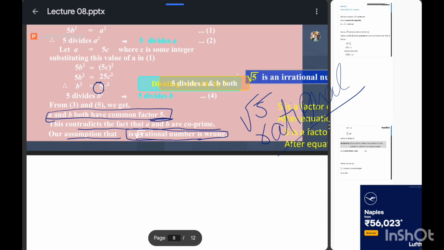Like this we can tell. So what we have taken, root 5 is rational, and a and b are co-prime, so we will get 1 as the common factor. But here we will get the common factor as 5.